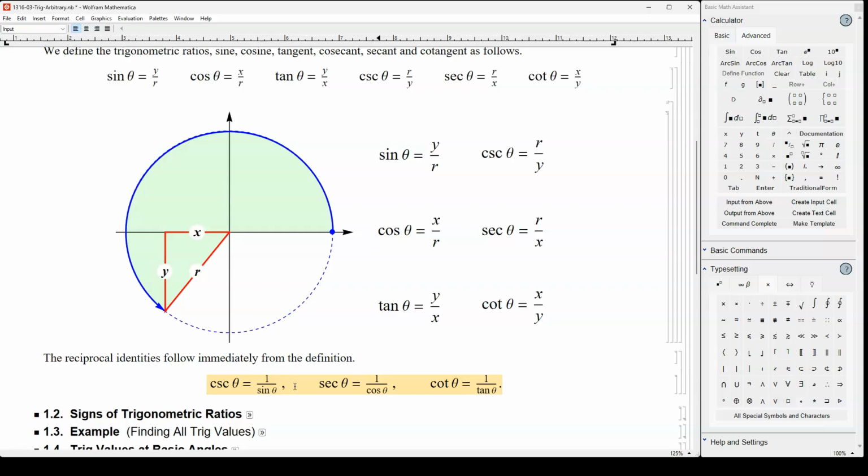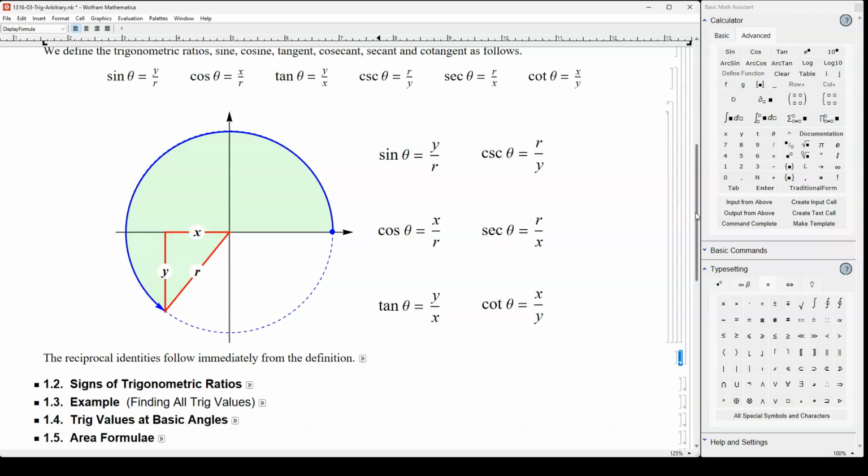Cosecant is r over y, sine is y over r, so cosecant is 1 over sine, and sine is 1 over cosecant. Same for secant versus cosine, and then cotangent versus tangent. Okay, alright. Enough of all these.